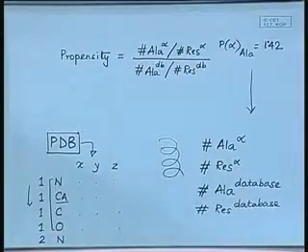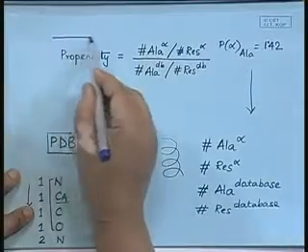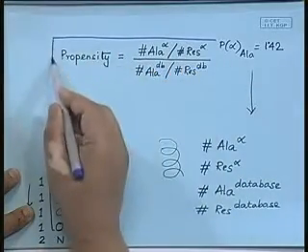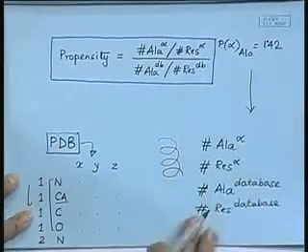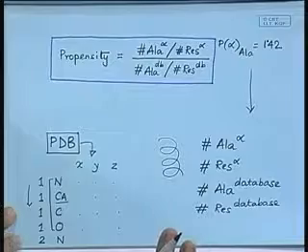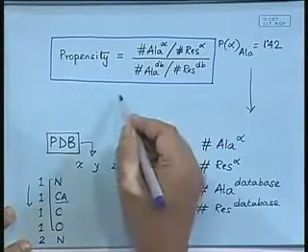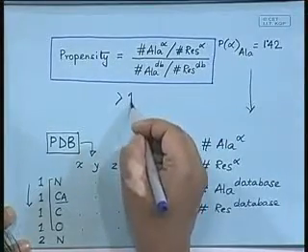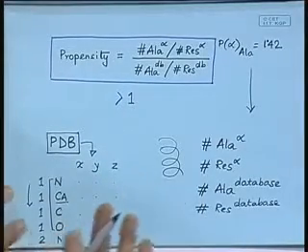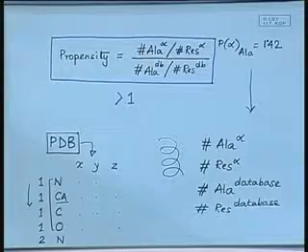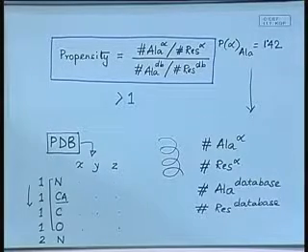So what does it tell me? This is your propensity calculation. If this number is greater than 1, because you have to remember that you are looking at a large polypeptide sequence of a large set of proteins, you want to know whether alanine is preferred in helices.